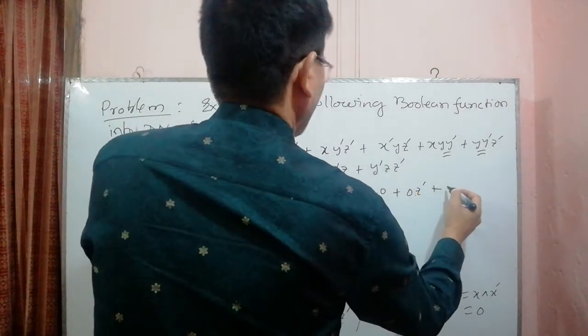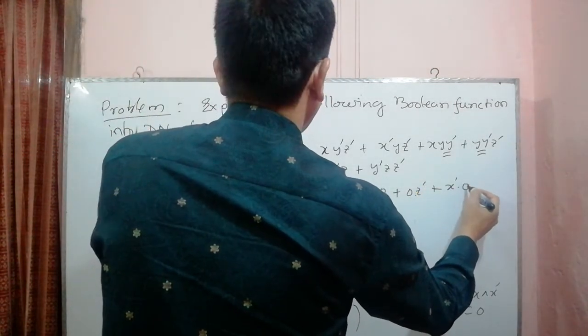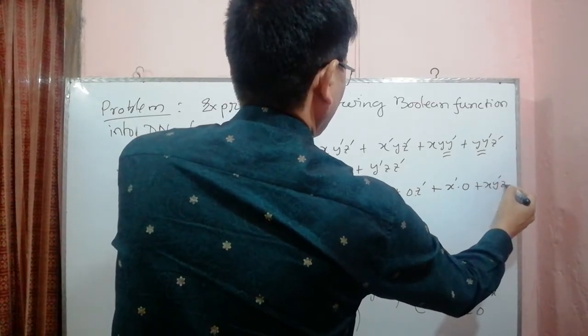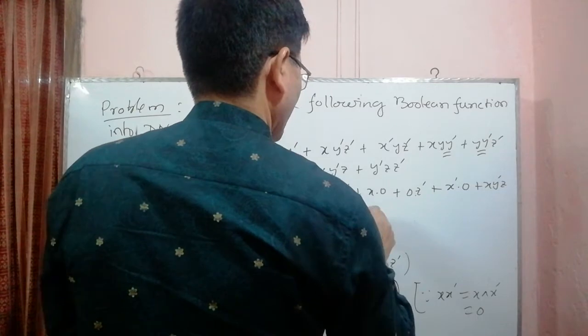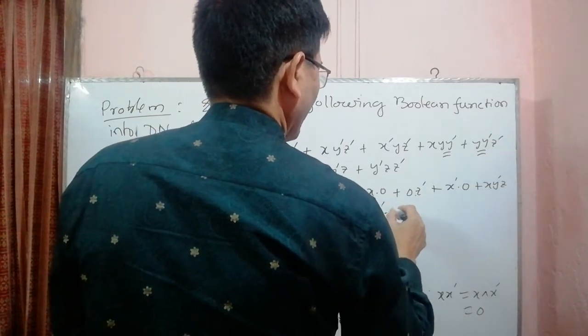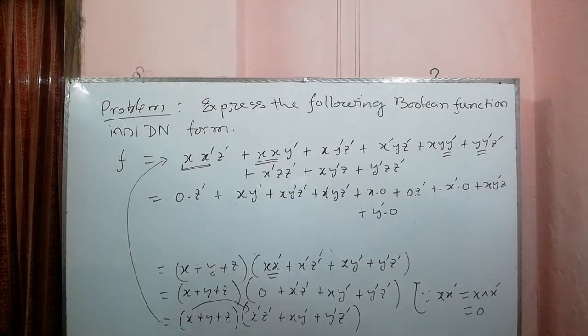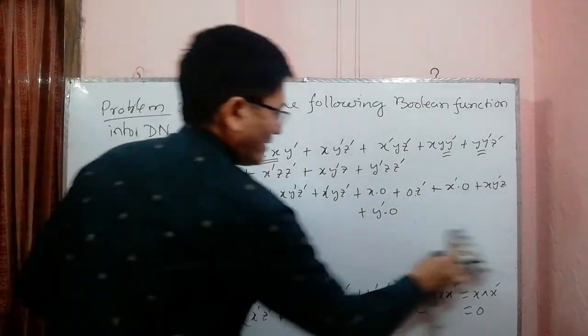It will also produce 0 x prime into 0, plus x, y prime and z, plus y prime into z. Dear students, there are so many zeros.